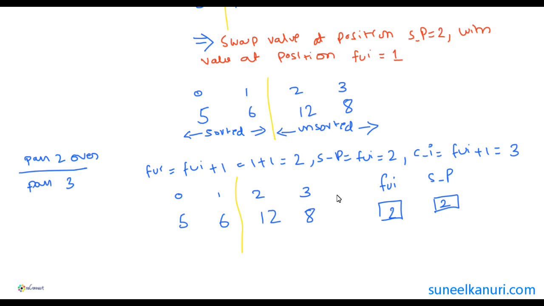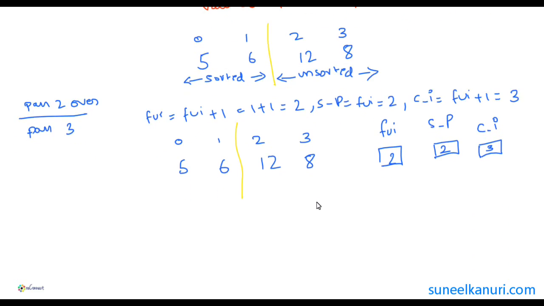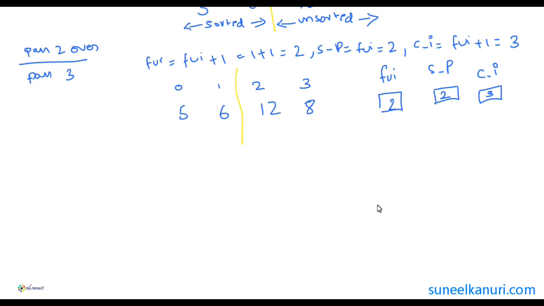Alright, so with that written, and C_I is pointing to position 3, let's write down our little formula again, which is this less than this. And what is this on the left? Data that is being pointed by C_I.